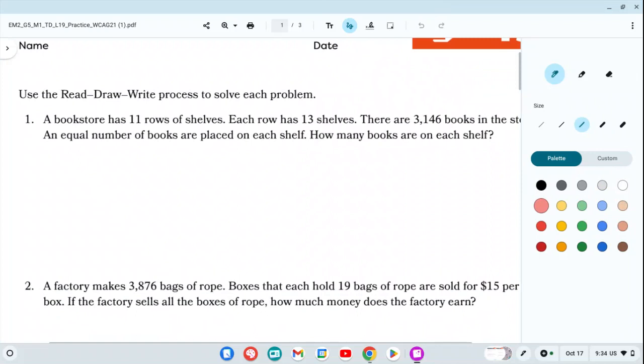So, I know that there are 11 rows, and each row has 13 shelves. So, I think I'll start there first.